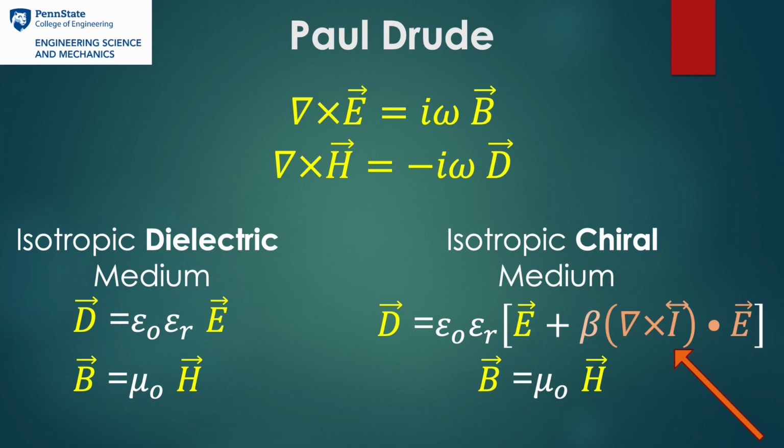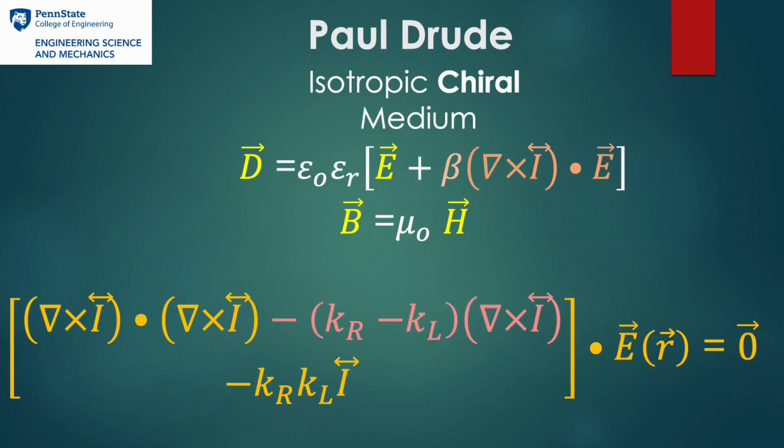And that was enough to get the single curl term in the equivalent of the Helmholtz equation. Optical rotation could therefore be explained through a phenomenological option. Simply modify the constitutive relations.